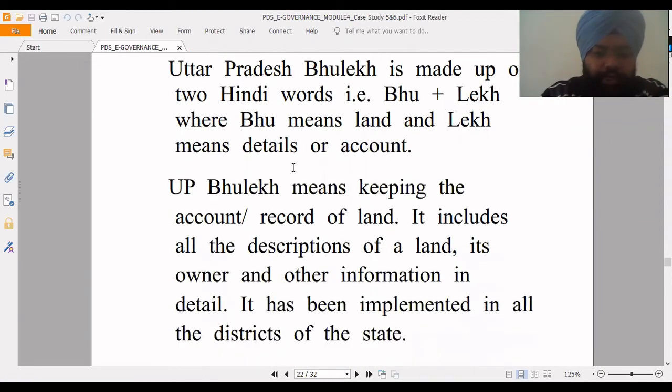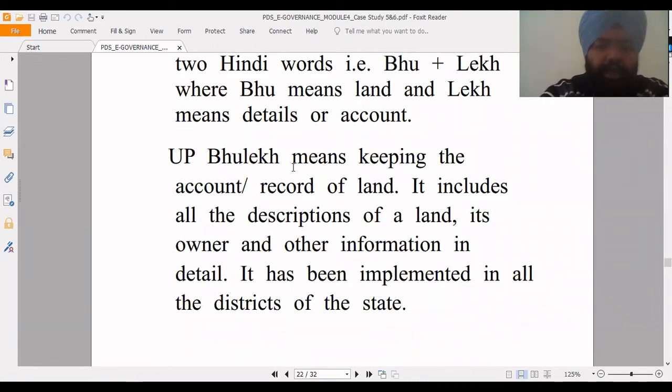UP Bhulek means keeping the account record of land. It includes all the description of a land, its owner, and other information in detail. It has been implemented in all the districts of the state.